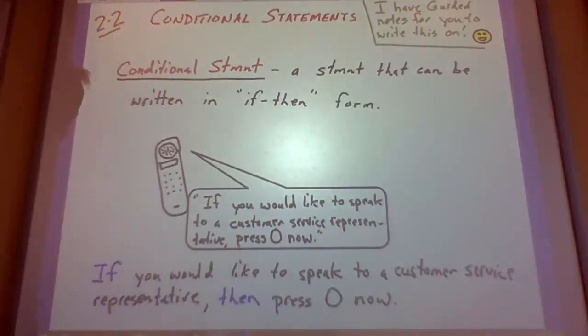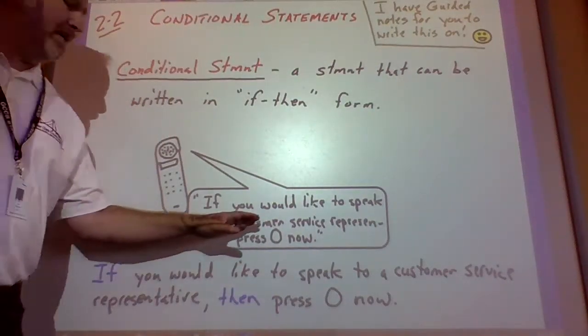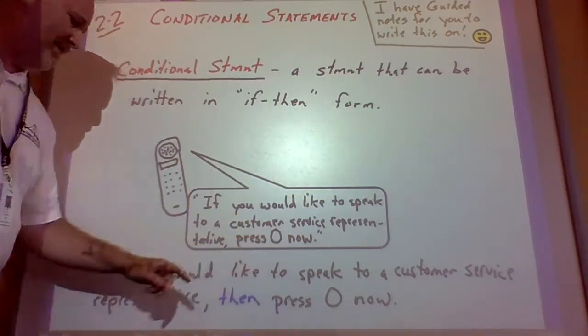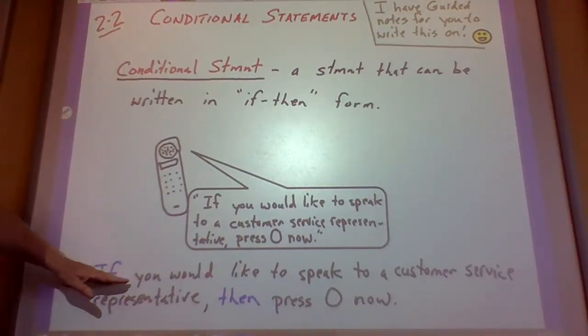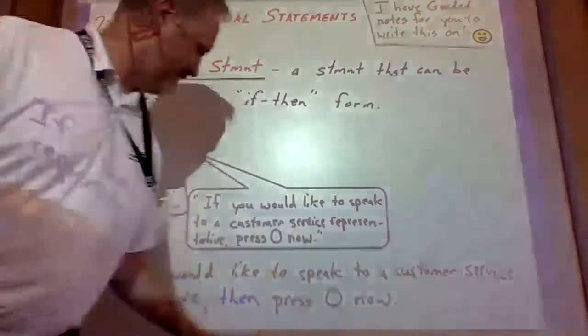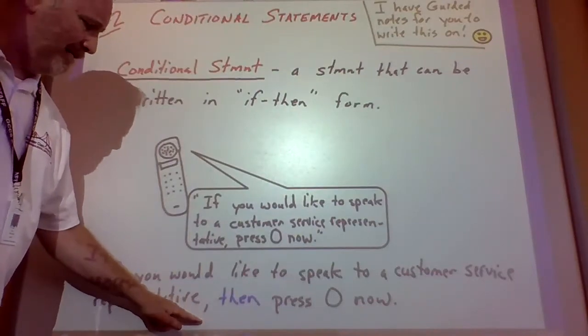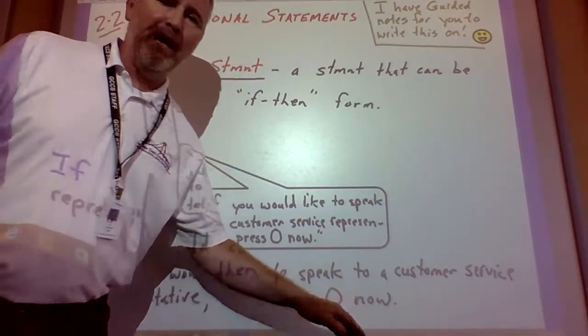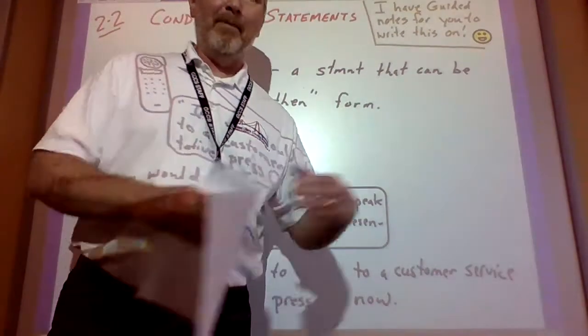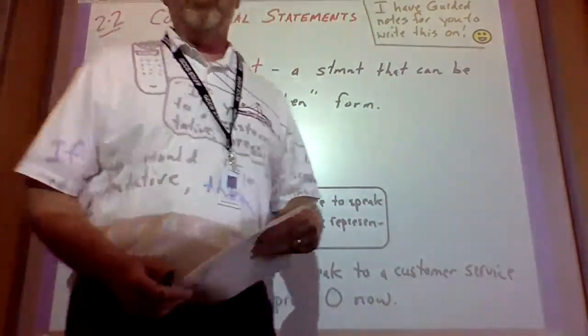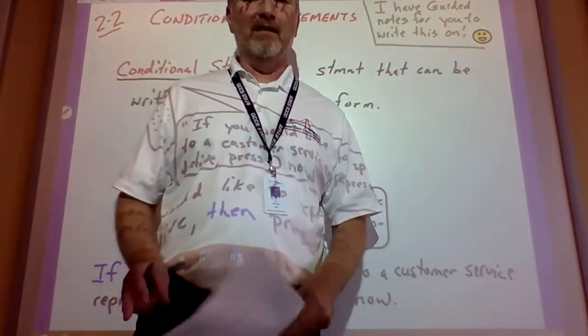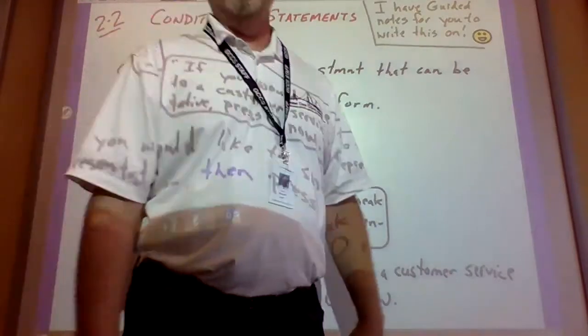They have some kind of robot message. This could be written as an if-then statement, meaning if you would like to speak to a customer service representative, comma, then press 0 now. So if you want this to happen, then you need to do this. That's your basic conditional statement. Another name for it is an if-then statement.